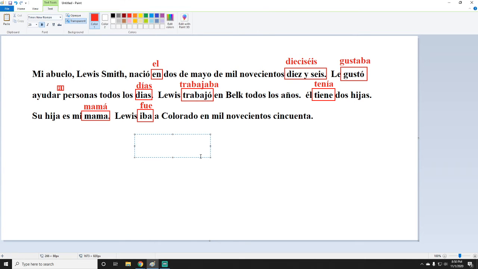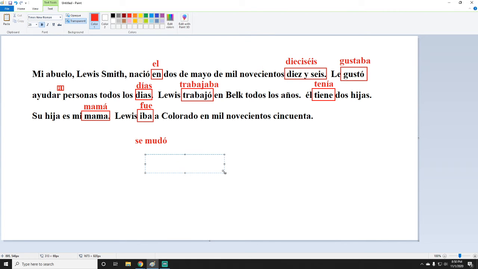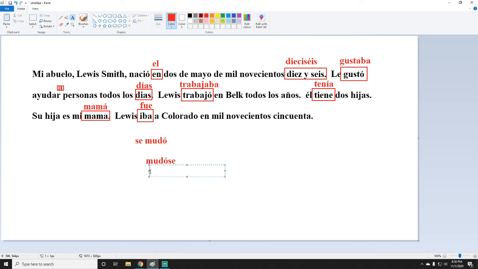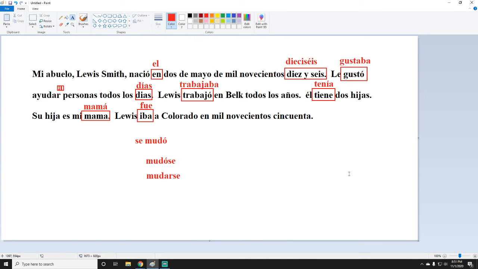Even better, you could say se mudó. He moved to Colorado. I saw one person write this, mudose or mudarse. That's not Spanish three-level mistakes, y'all. Okay? This is wrong. Conjugate your verbs. Put the things in there that need to be. Put your accent marks. All right?